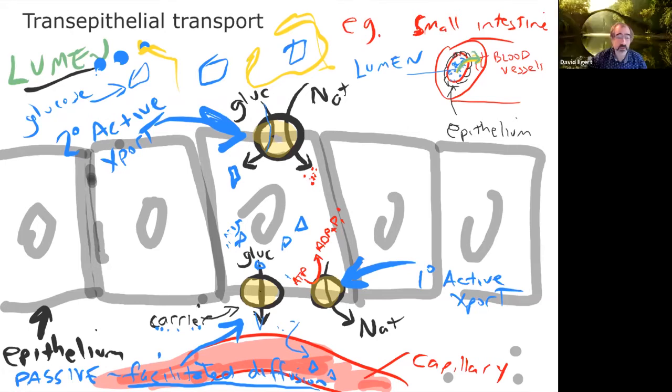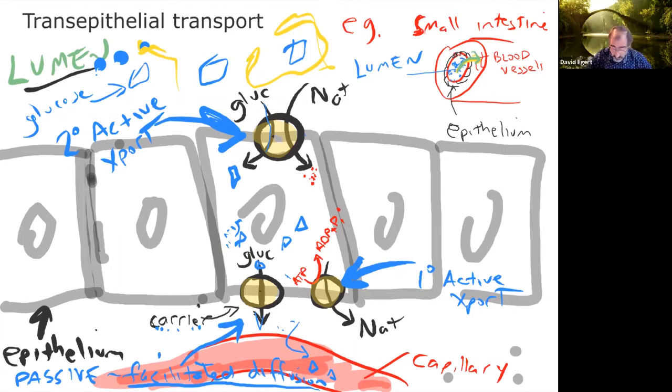Yeah, so remember, all of this is ultimately about the role of membrane proteins like channels and carriers. This symport here is another membrane protein. It's a bunch of amino acids connected up and folded up in this big complicated thing embedded in the fluid mosaic of the phospholipid bilayer.